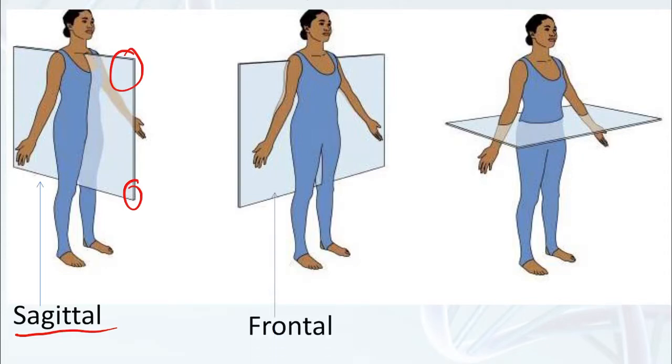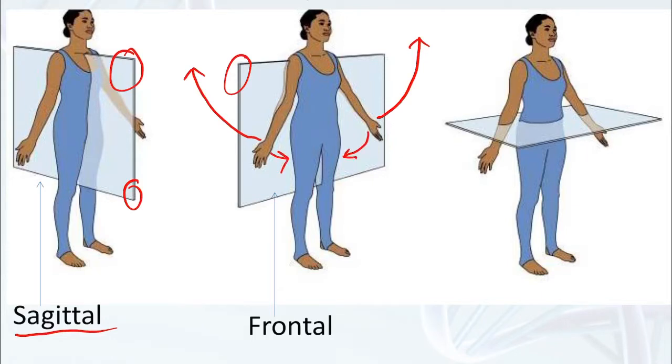The second one here is the frontal plane, and this is showing it as this sheet of glass through the body. The movements that occur within the frontal plane would include this person lifting her arms up like this. We call that shoulder abduction. Also moving those arms down.